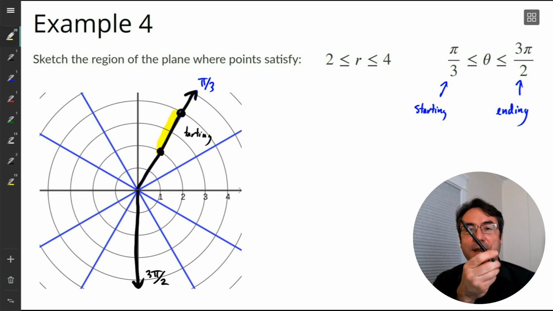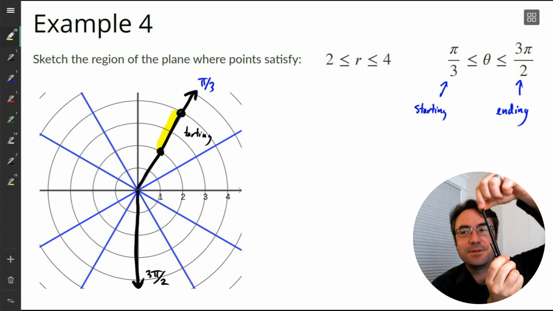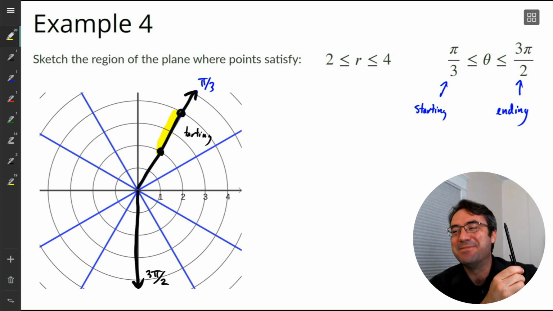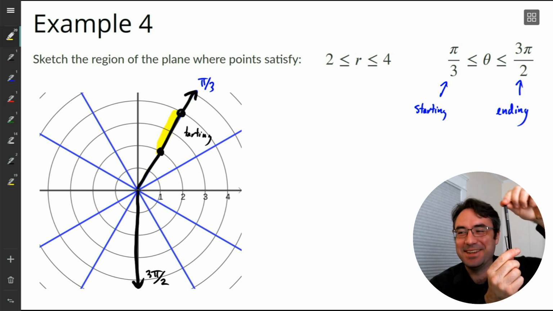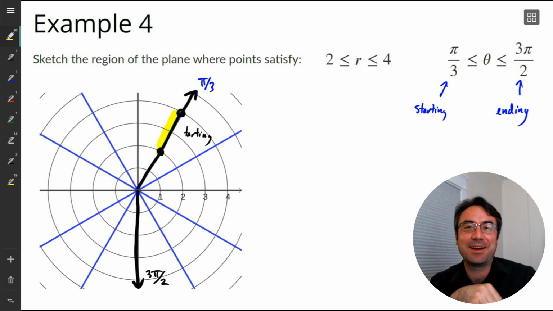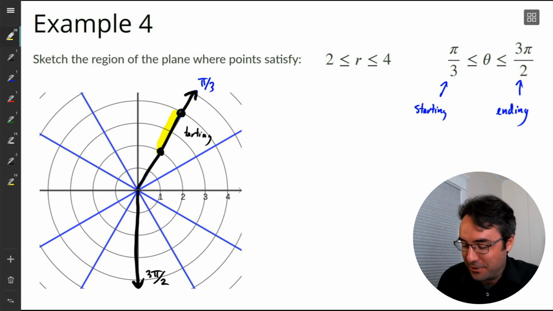So we have this ray that's sticking out of the origin. We're just going to rotate it around, and we want to go counterclockwise.